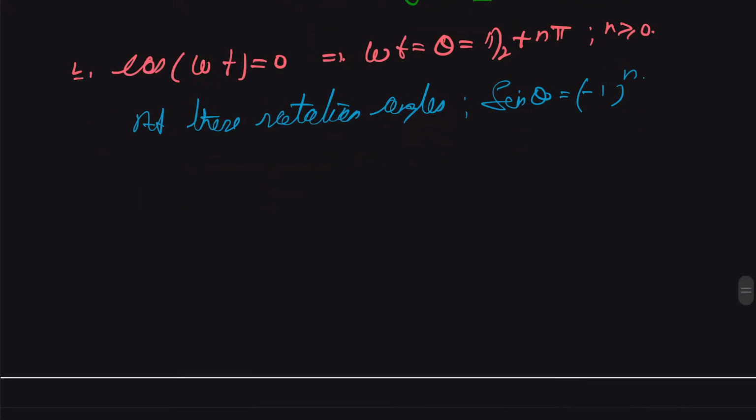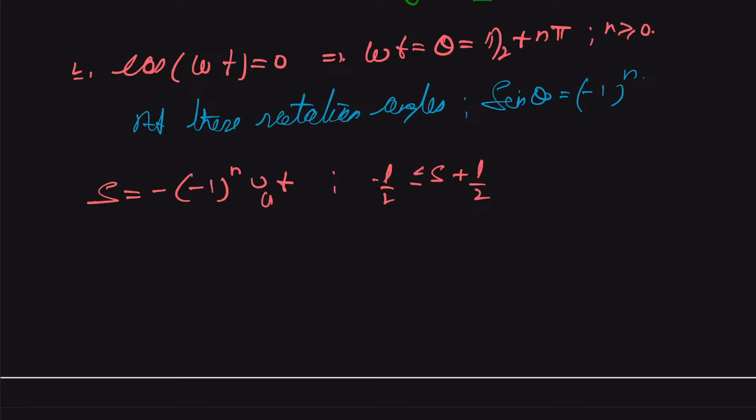Therefore, our s will be equal to minus of minus 1 raised to power n, and this comes as Vg times t. Okay. And we know that our point S should be lying between minus L by 2 and plus L by 2. This is the basic condition, that point S will be lying between these two boundaries.